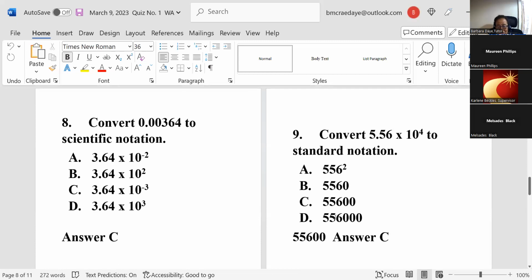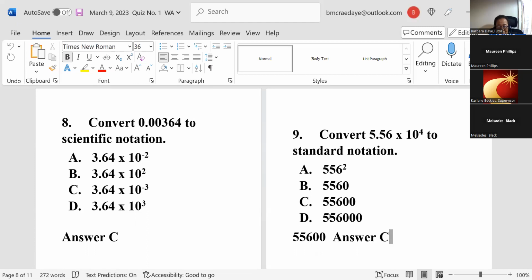But Mercedes, you said you took 9. If your decimal point is here, the last zero, and you move it between the 5 and the 5, how many places did you move it?